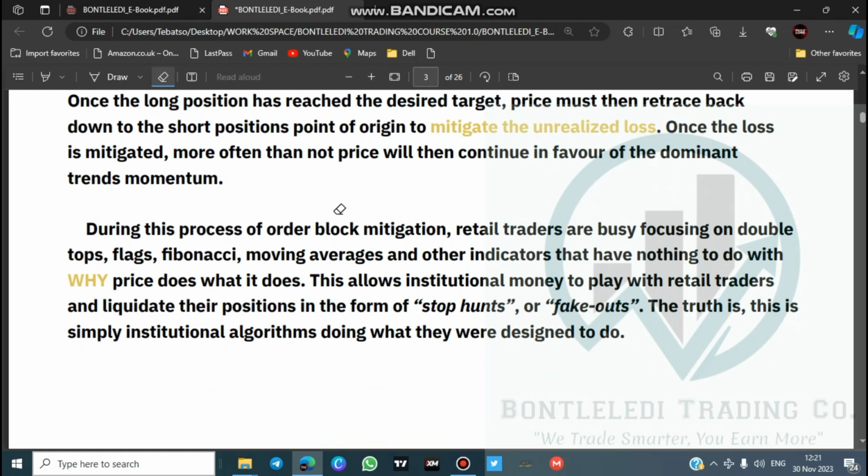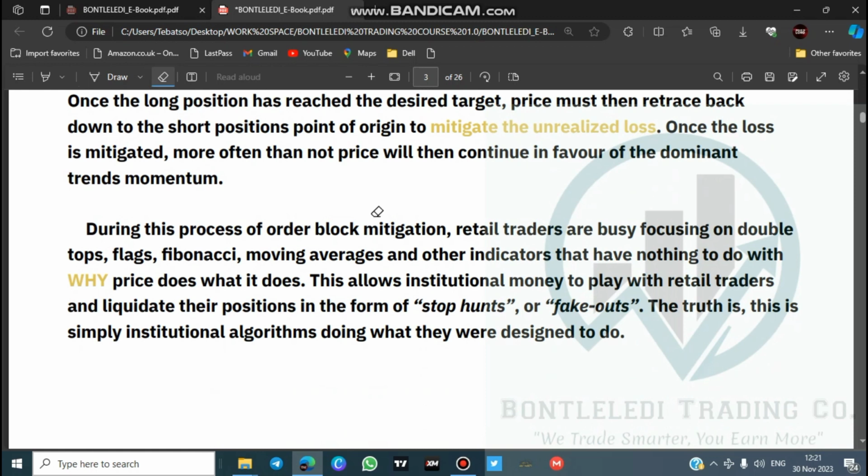During this process of order block mitigation, retail traders are busy focusing on double tops, flags, Fibonacci, moving averages, and other indicators that have nothing to do with why price does what it does, right? This allows institutional money to play with the retail trader and liquidate their positions in the form of stop loss hunts and fake outs, and those things.